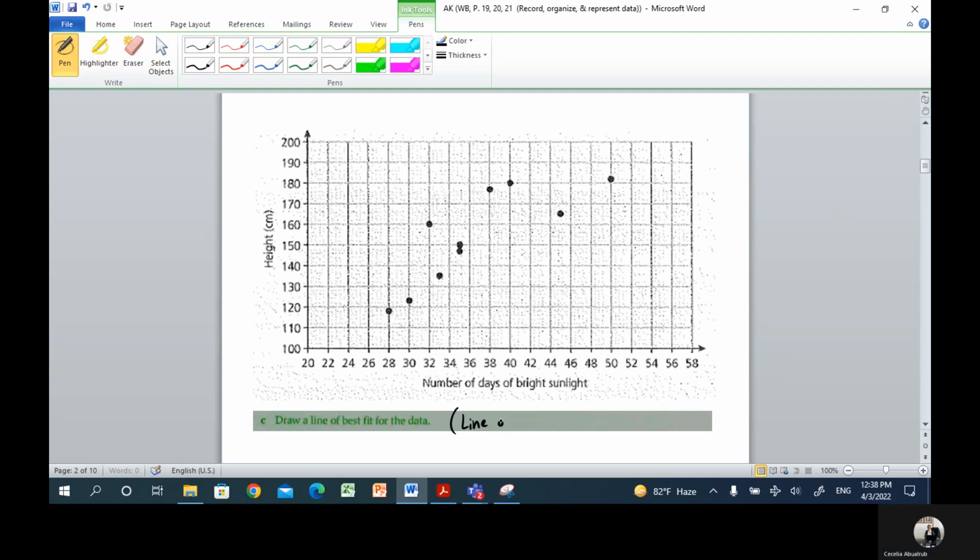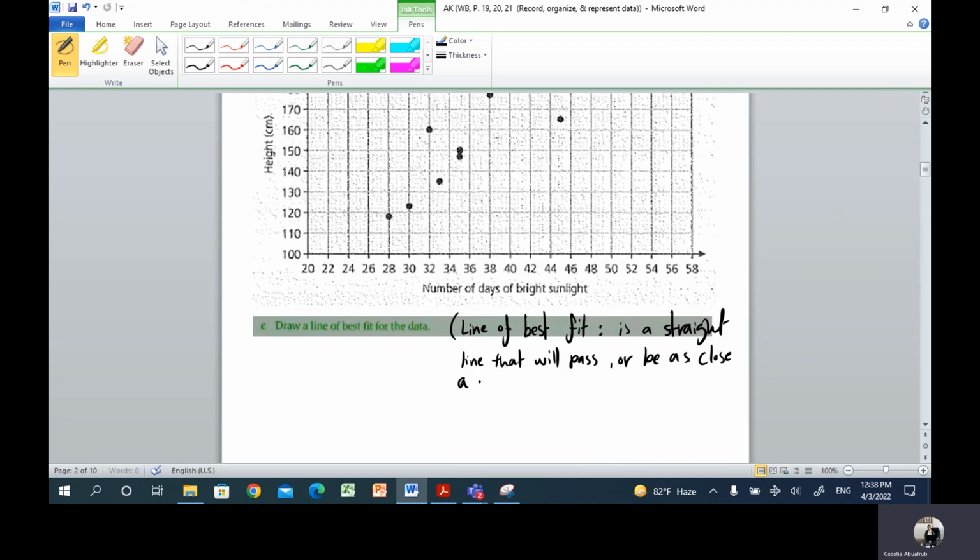Line of best fit is a straight line that will pass through or be as close as possible to the maximum number of plotted points.